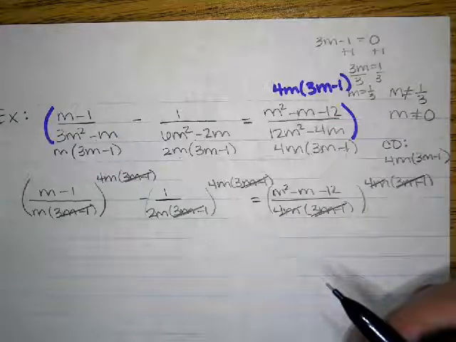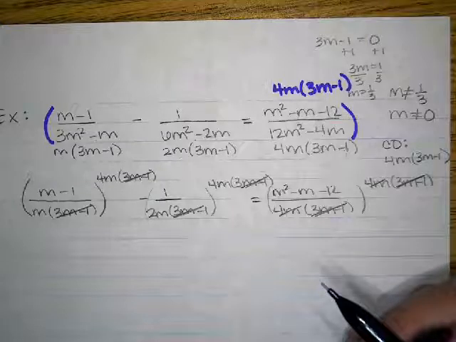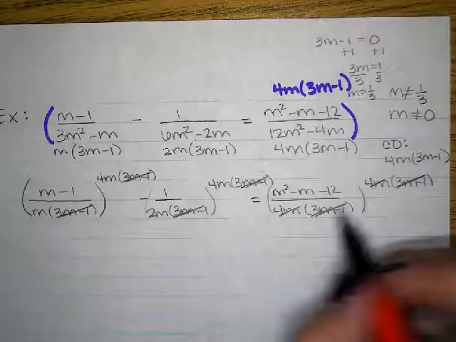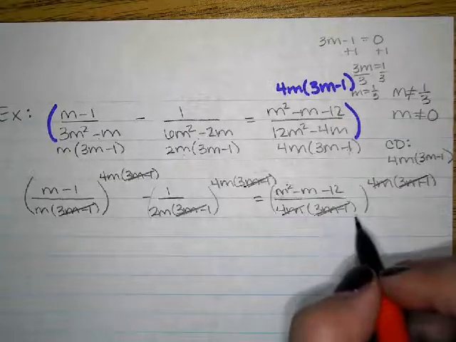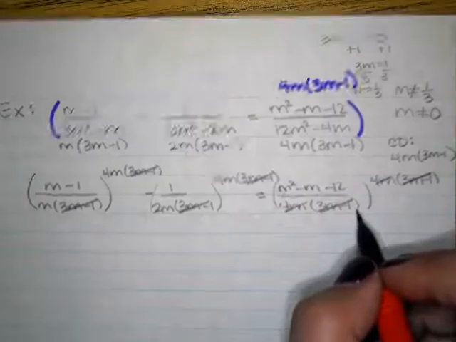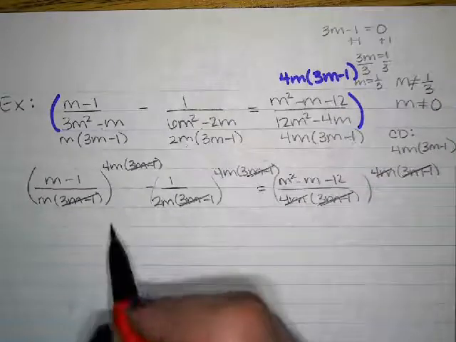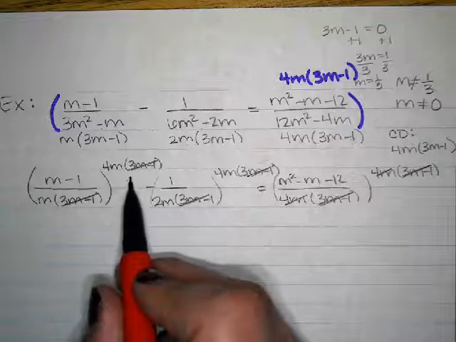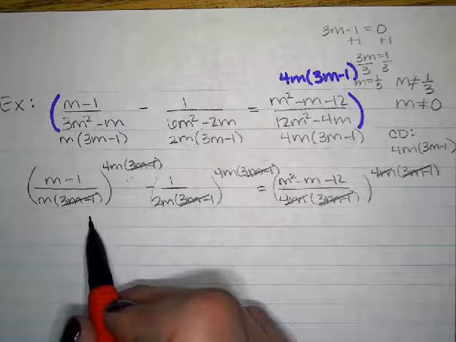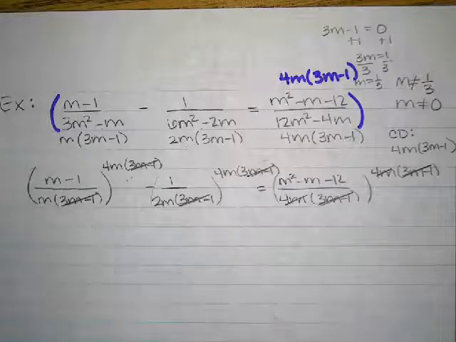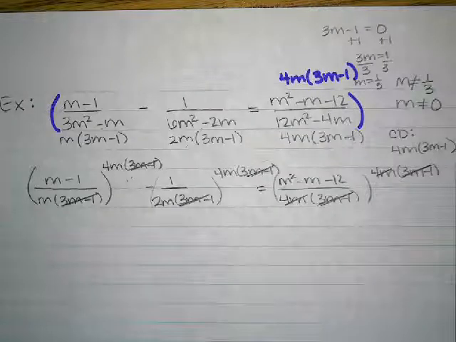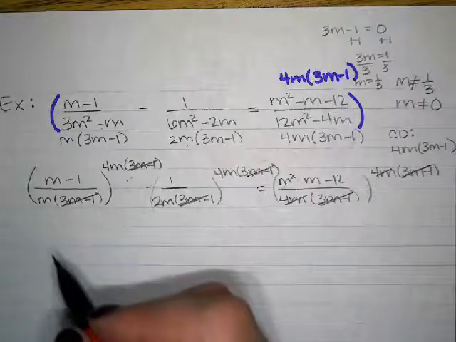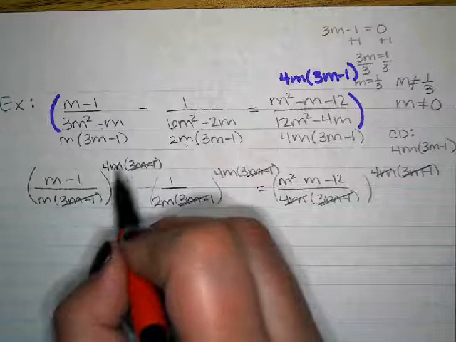So far I've only canceled out the stuff that was really easy to cancel out, and now I'm going to focus a little bit more. I canceled out the parentheses because they were identical. We can cancel out the m's. So multiply by 4.